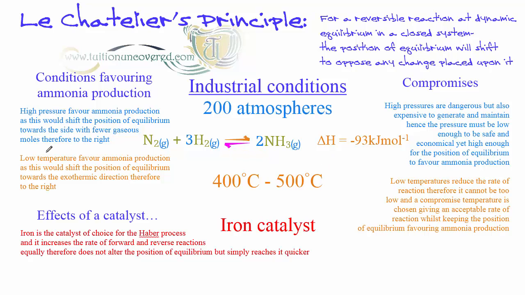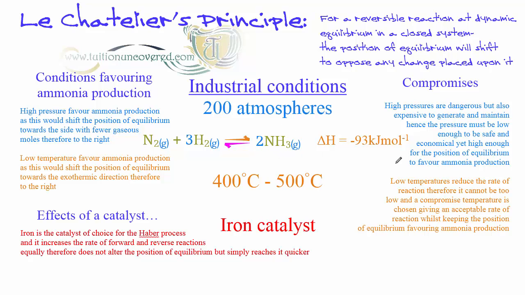Low temperatures, well, again, the compromise. Low temperatures reduce the rate of reaction. It's good enough the position of equilibrium shifted to the right, but we can't make the temperature so low that it takes a long time, say weeks, to get a decent amount of ammonia.